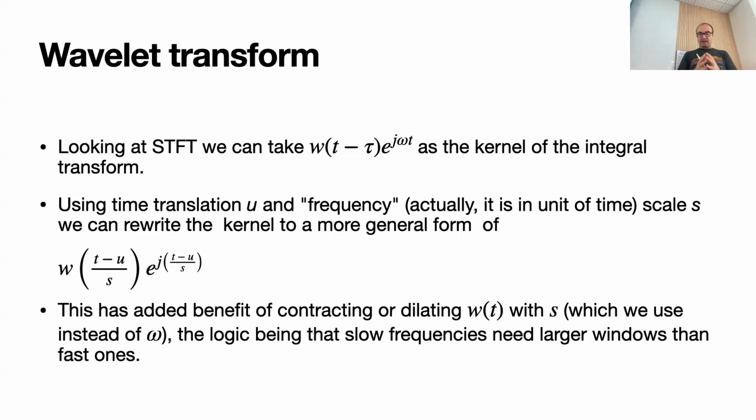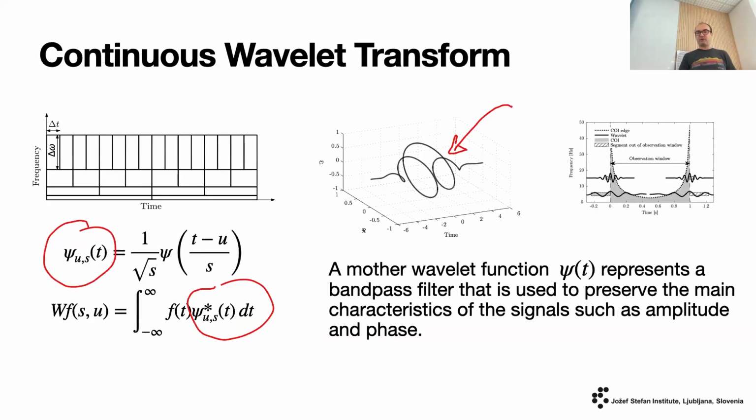So in order to get amplitude and phase, the possible choices of mother wavelets are only complex ones. This function, the mother wavelet function, the red one, can be real, or as in this figure, it can be a complex one. We are only looking at complex wavelets.